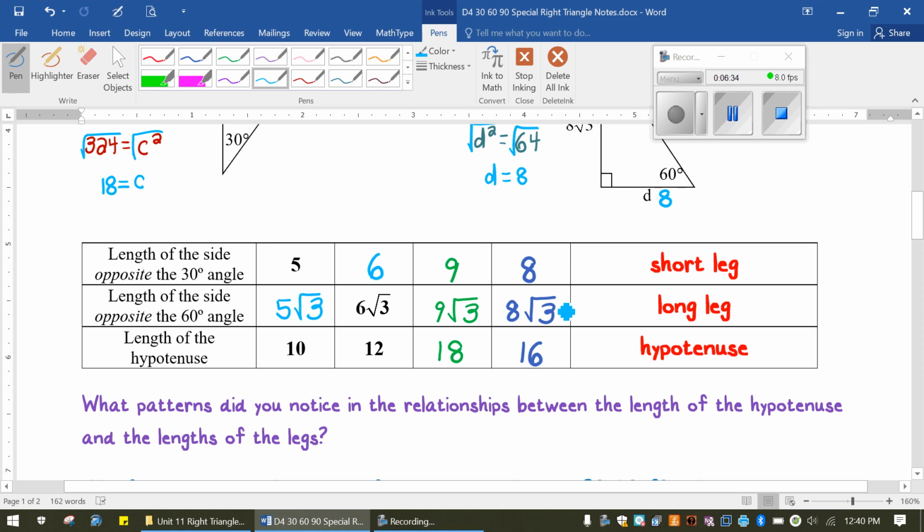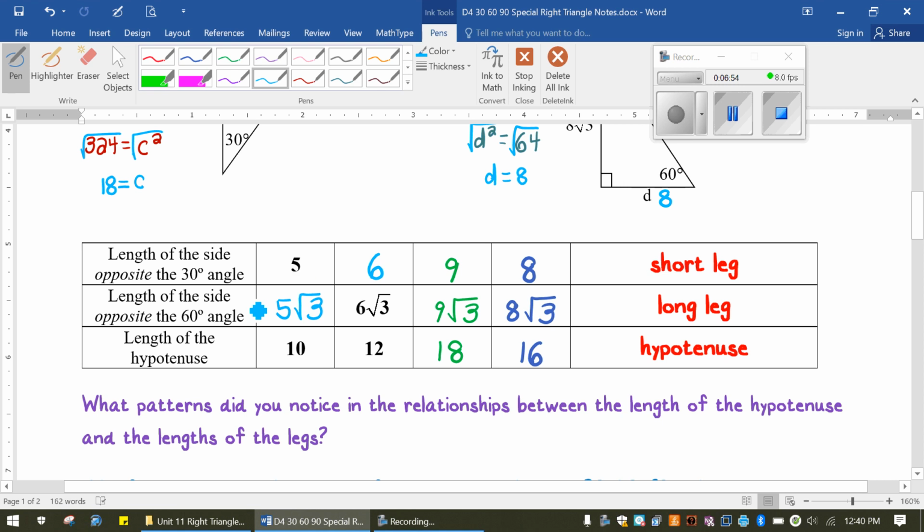So first concentrate maybe on looking at the short leg and then the hypotenuse. Did you notice that it's doubled?